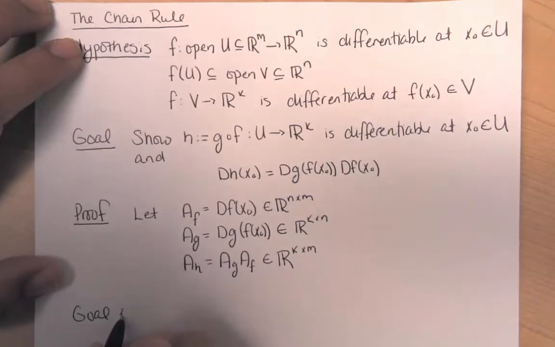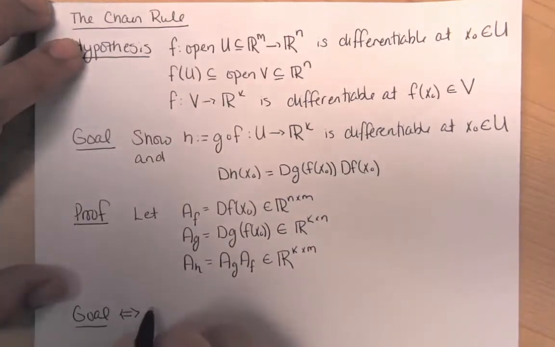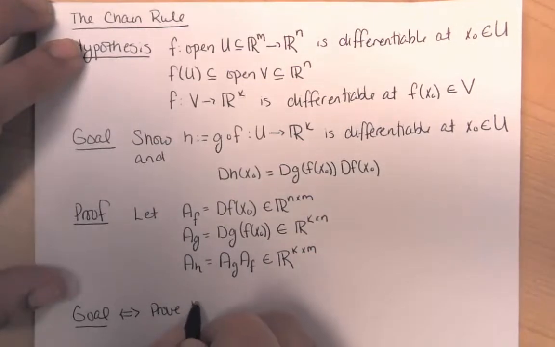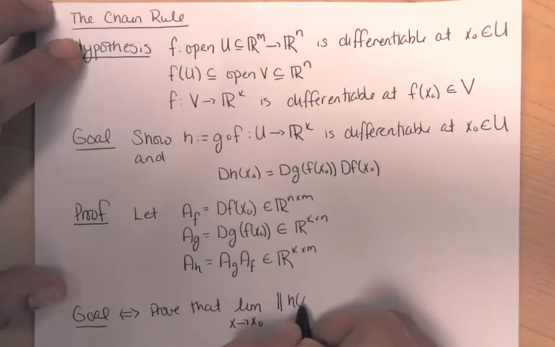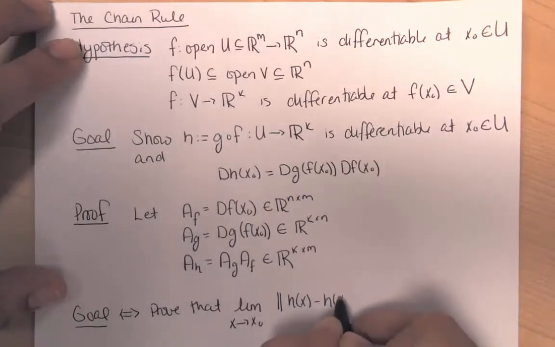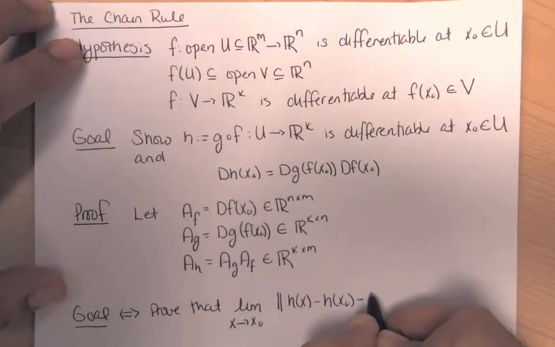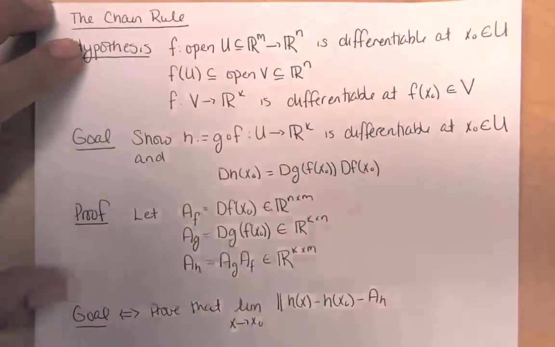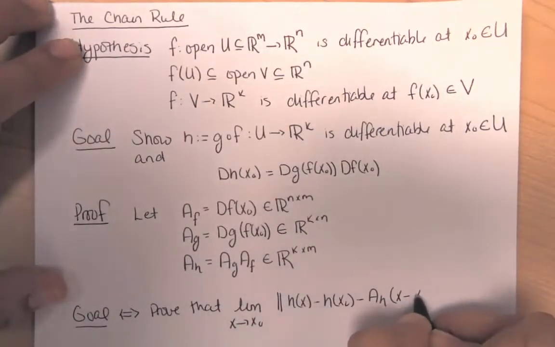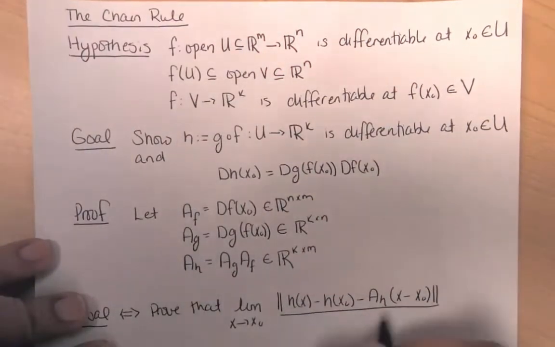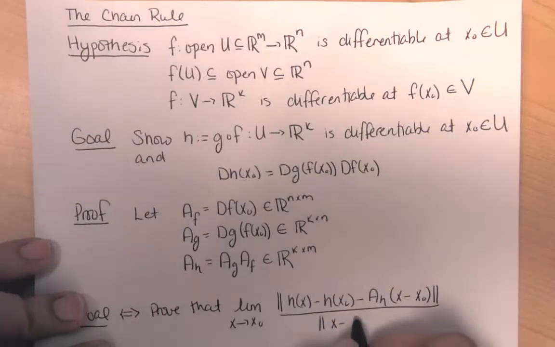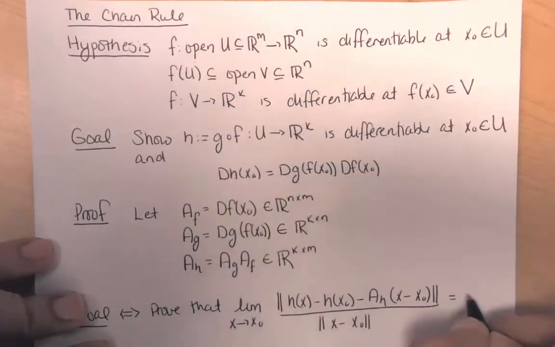So my goal can be restated as: prove that the limit as x approaches x naught of my change in h minus my potential derivative matrix times the change in x, divided by the change in x in norm, equals 0 in the limit.